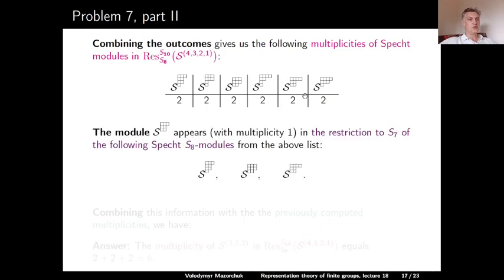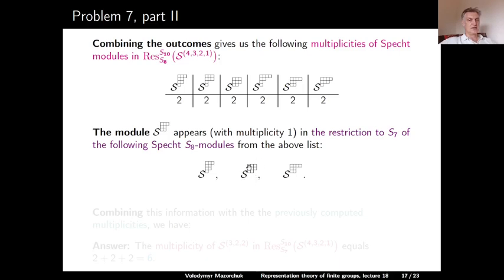So we need to compute the multiplicity of S(3,2,2). S(3,2,2) appears with multiplicity 1 in the restriction to S7 of the following S8 Specht modules from our list. We can restrict S(3,2,2,1): if we delete the removable node in the last row, we get exactly (3,2,2).